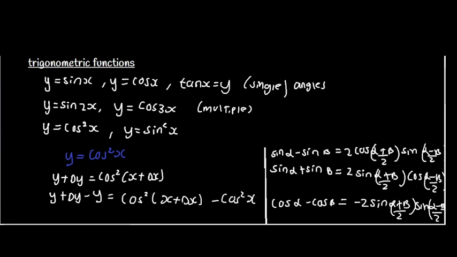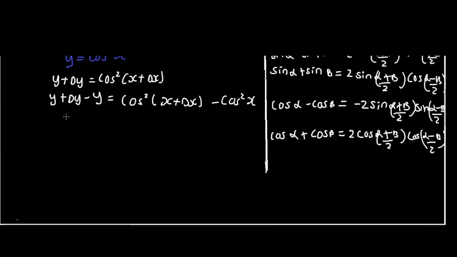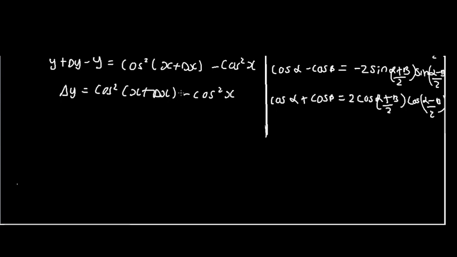This simplifies to change in y equal to cos squared of x plus change in x minus cos squared x. Now this expression is not stated anywhere in the factor formula. So what do we do? We are going to simplify this using the difference of two squares.